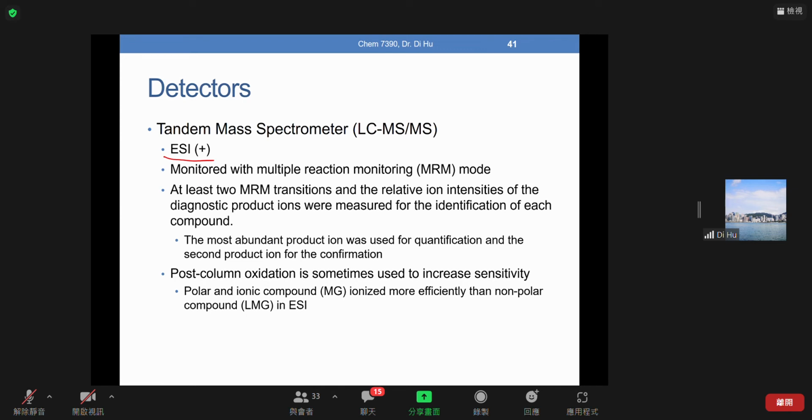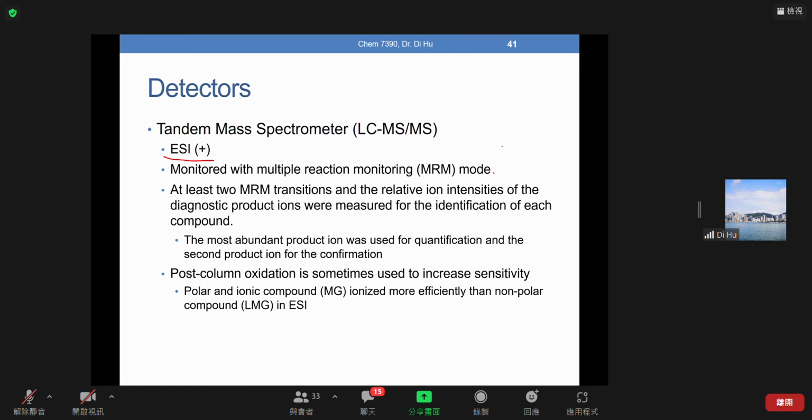I guess if you have taken mass spectrometry last semester, you should already know. What does that mean? For this one, you first have some fragments, and then you select one to do further fragmentation. So you have the precursor, the mother ion, and the daughter ion, right? At least two MRM transitions have to be monitored.